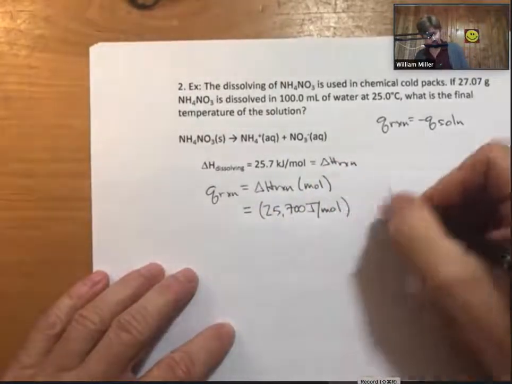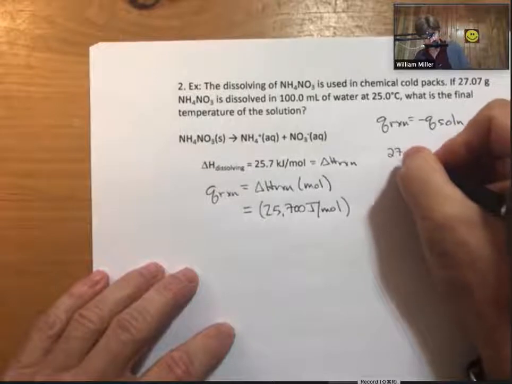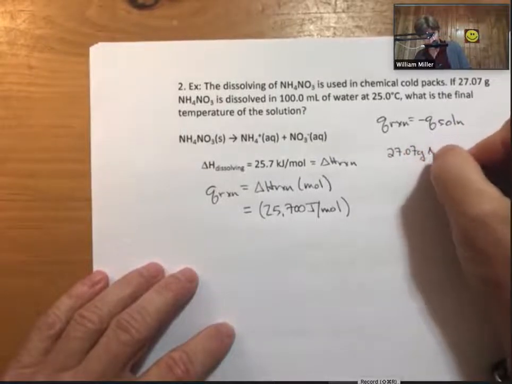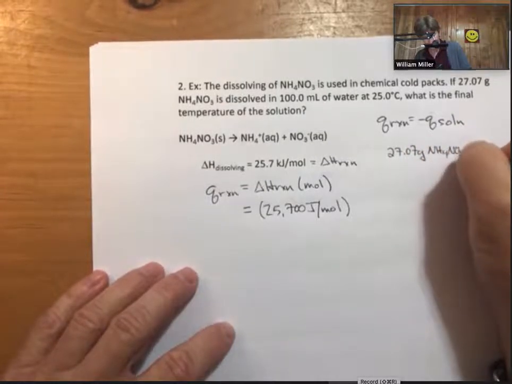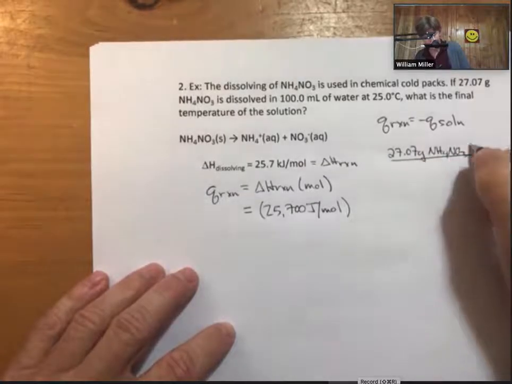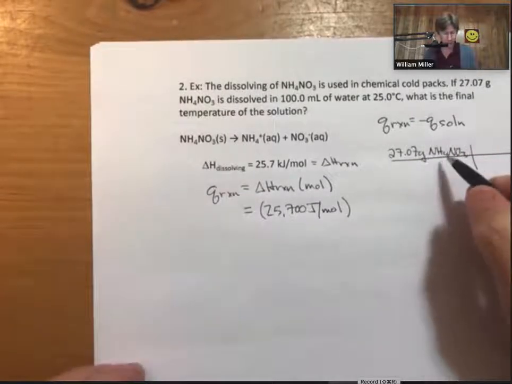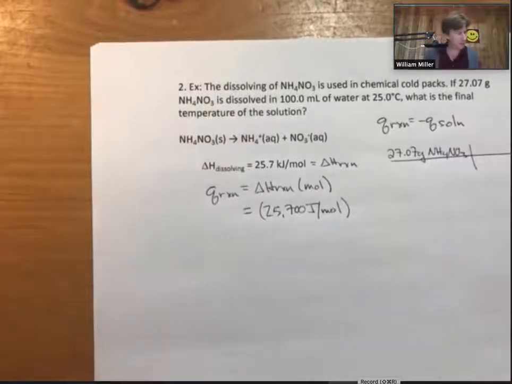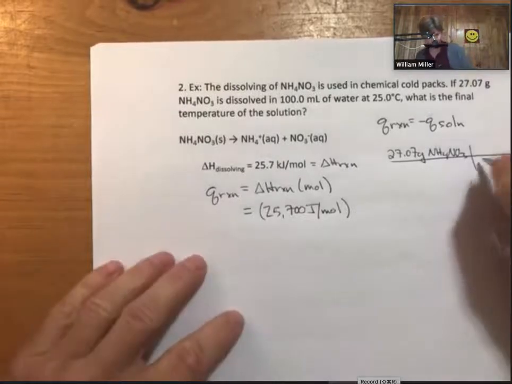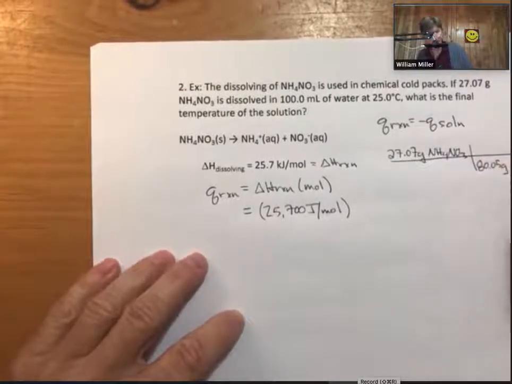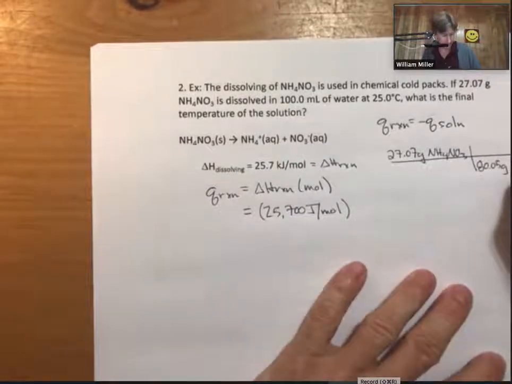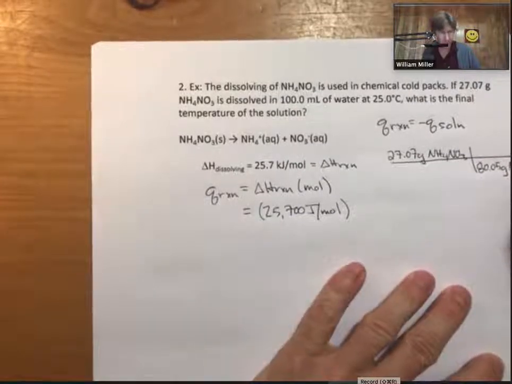To get my moles, you get the molar mass of ammonium nitrate. I think I've got that over here somewhere. Yes, 80.05 grams of ammonium nitrate.